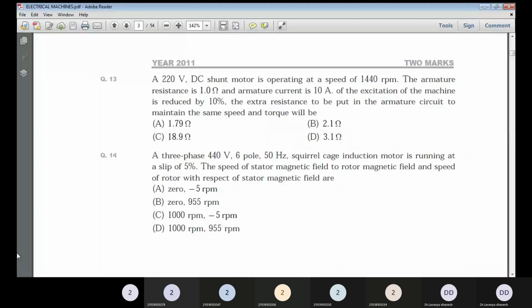Next, the 220 volt problem. I'll take this problem. Next, problem number 10.